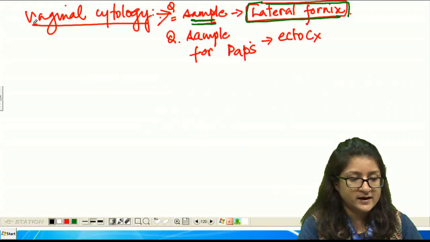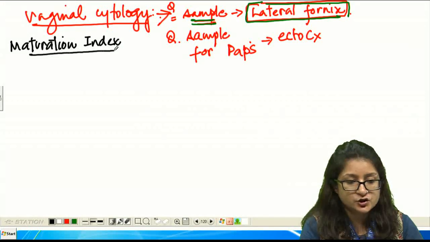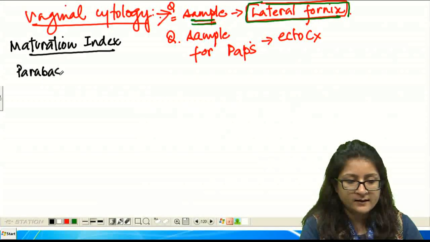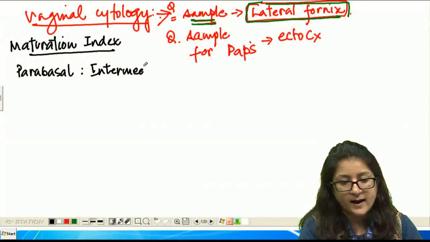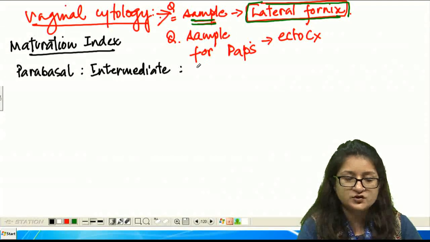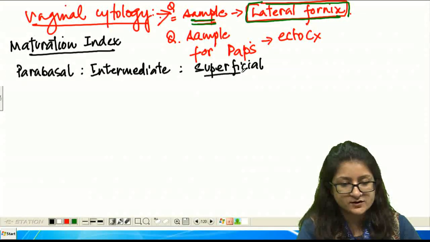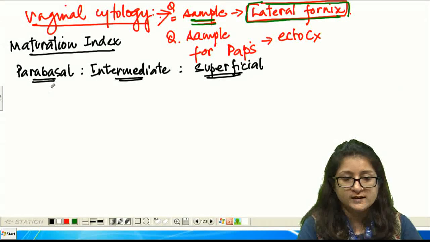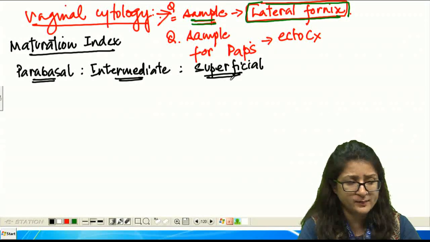In vaginal cytology, we look at the maturation index, the MI. Maturation index is a ratio of parabasal cells to intermediate cells to superficial cells. The parabasal cells are dark blue. The superficial cells in the vagina have a high karyopyknotic index.